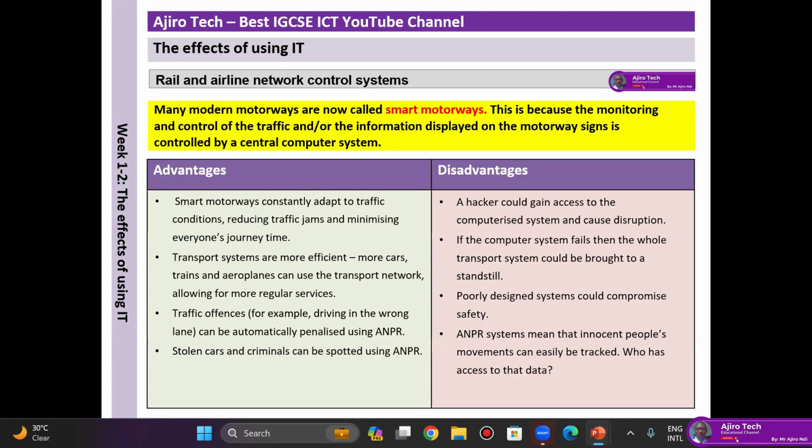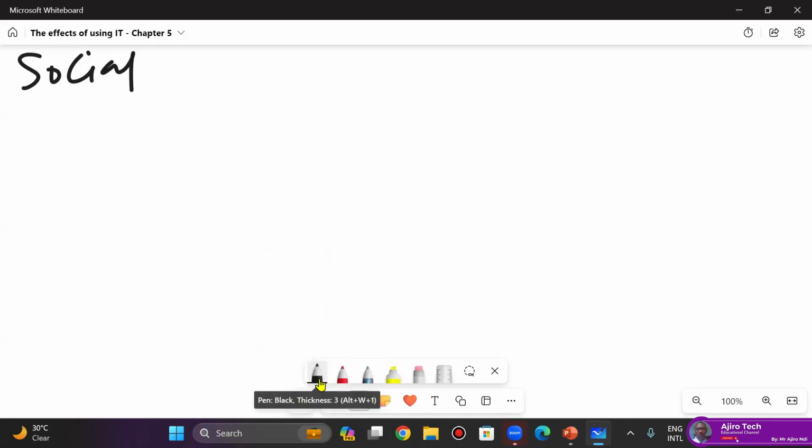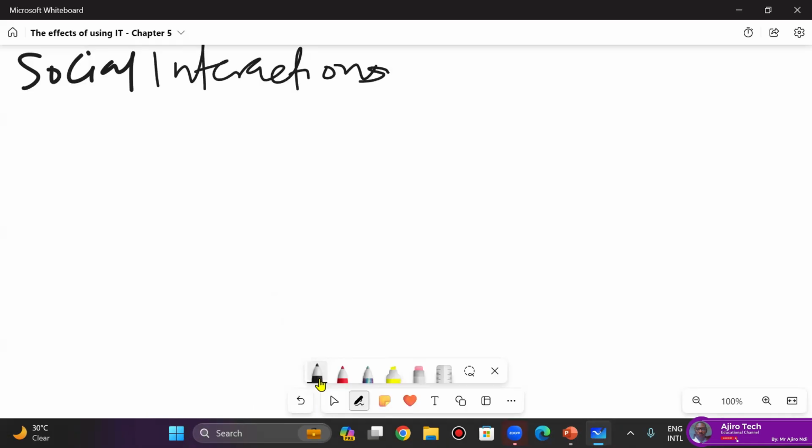The next one that is not on the slide is social interaction. Social interaction is really key, because there are both positive and negative effects. We're talking about the positive and negative impact of microprocessor control devices.